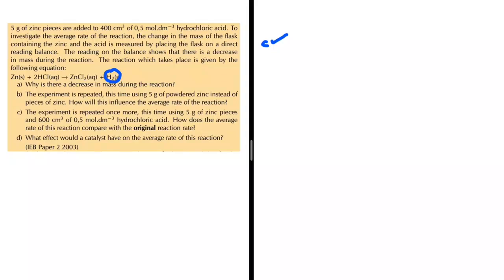Let's take a look at D. What effect will the catalyst have on the average rate of this reaction? So obviously, the catalyst will provide an alternative route of lower activation energy. And more particles will have sufficient kinetic energy.